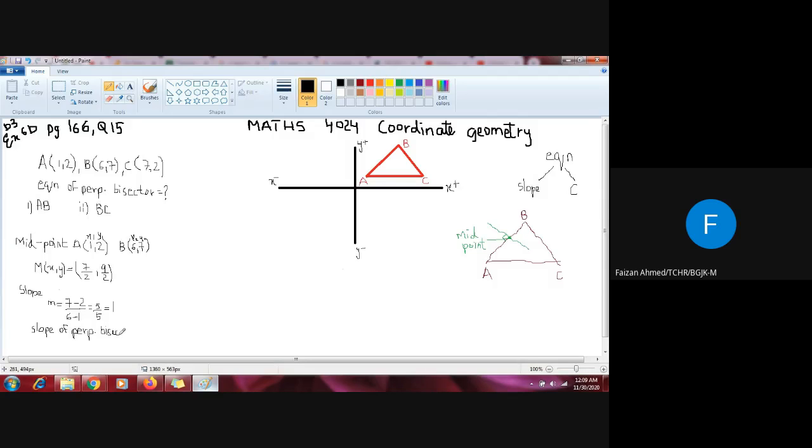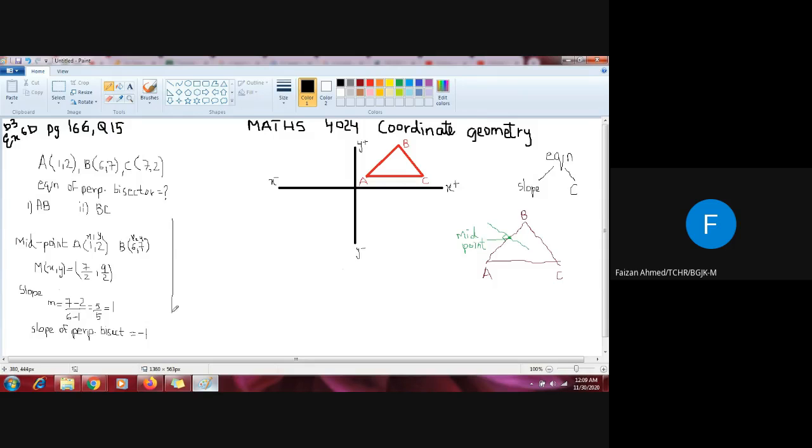Since the line AB has a slope of 1, the perpendicular bisector will have a slope of minus 1, because I know that the product of the slopes will be equal to minus 1. Or I can also do the easy way, that is the negative reciprocal. The negative reciprocal will be minus 1. So the slope of the perpendicular line is minus 1.